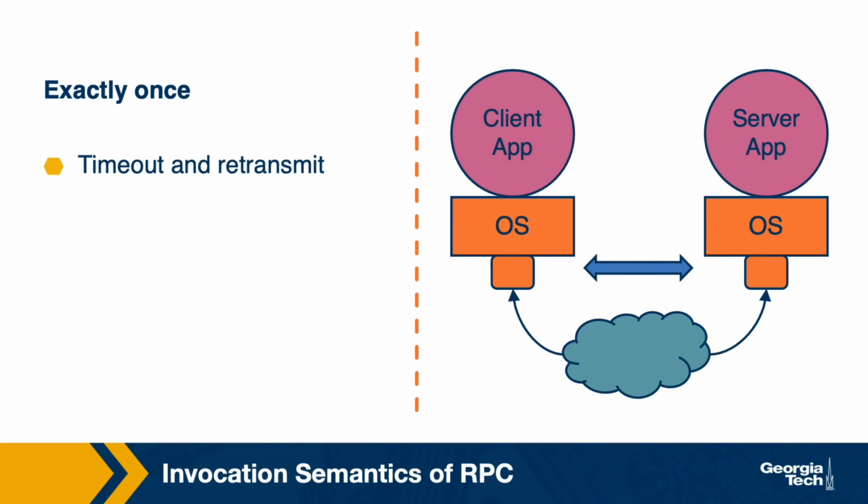That means at least that the RPC runtime would perform automatically some form of retransmission when there is no response. In addition, there must be some mechanism for the server to distinguish repeated requests for the same RPC operation, so it does not keep redoing it over and over again. In some cases, such as when adding A plus B and both arguments are specified in the RPC call, it's okay to redo the operation.